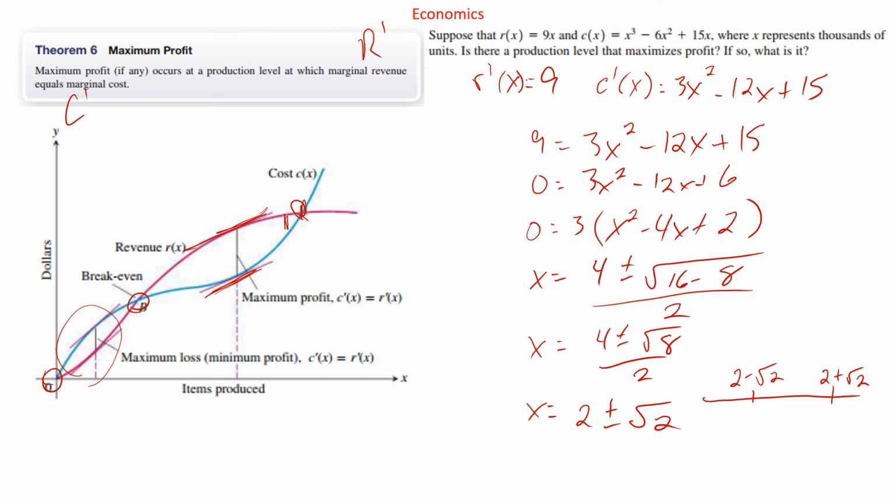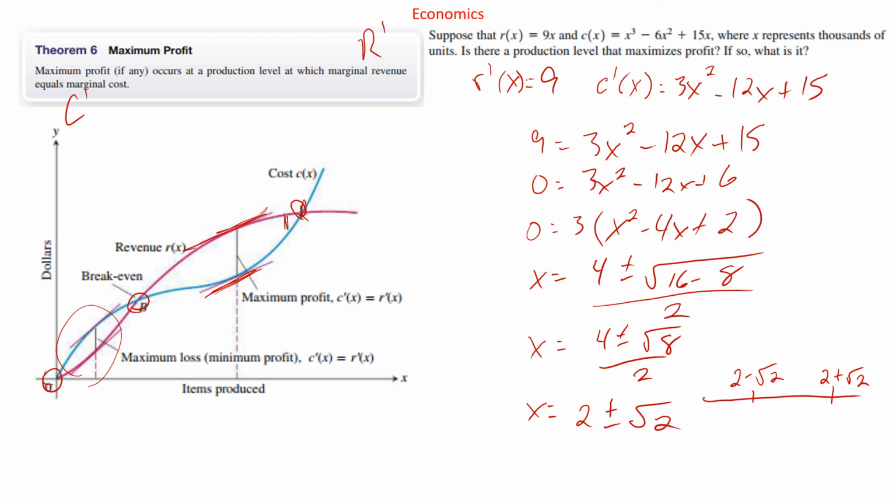We wouldn't want to use that because the x is the number of things we made, so we can't make negative things. So we do want to keep x positive here.